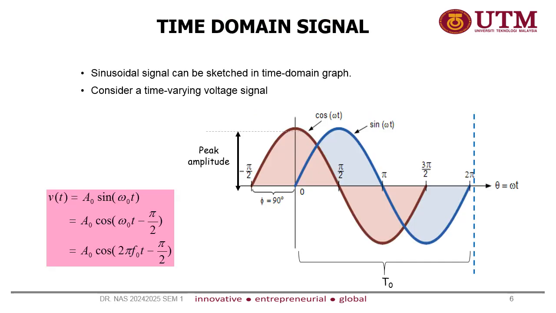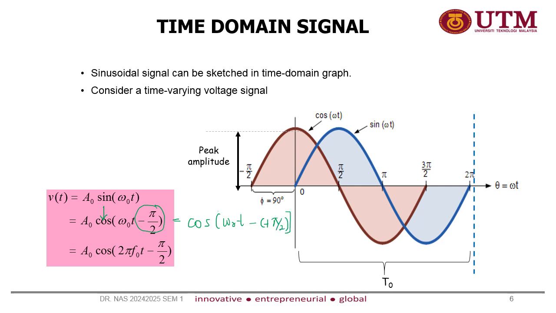Okay, let's look at how the sine and cosine signals look in time domain. The brown graph is the cosine signal, and the blue one is the sine signal. If you look at the equation, the sine signal is basically a cosine signal shifted to the right by pi over 2, or 90 degrees. So it is equal to cos of omega naught t minus pi over 2.